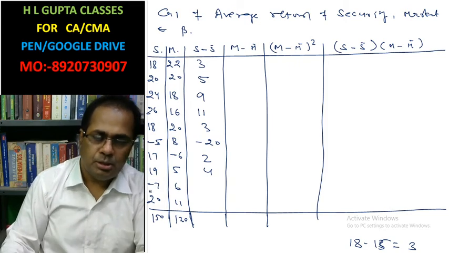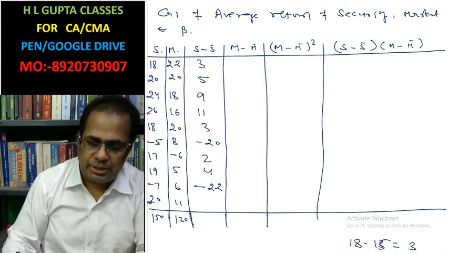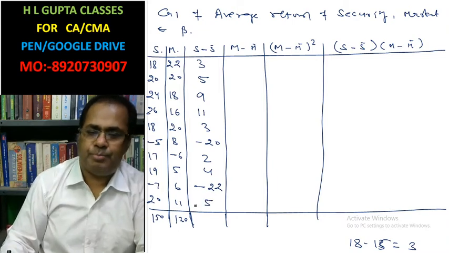Minus 7 minus 15 equals minus 22. 20 minus 15 equals 5.